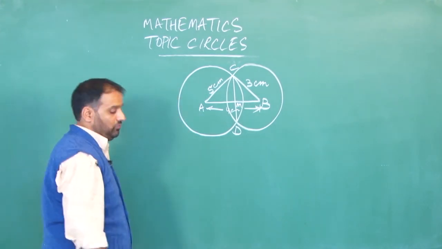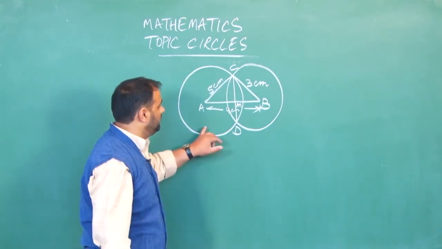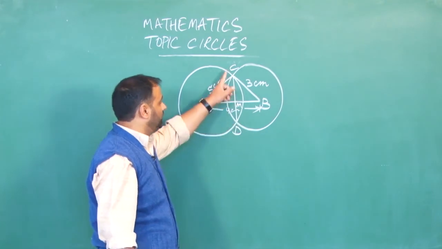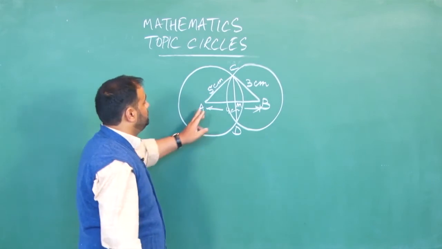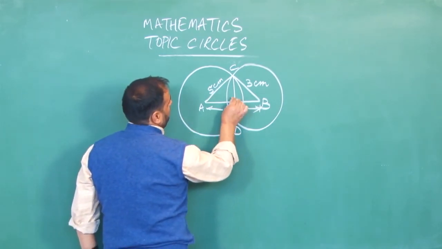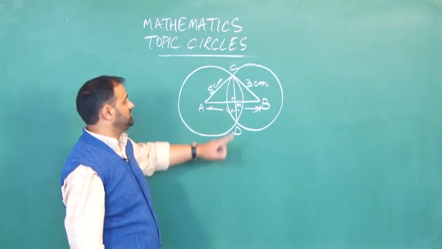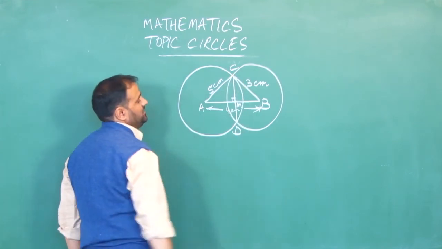We already know, earlier we understood, that whenever two circles intersect at 2 points, the common chord lies on the perpendicular bisector of the line joining the centers of the circles. So, both the lines intersect at right angles and the common chord gets bisected.